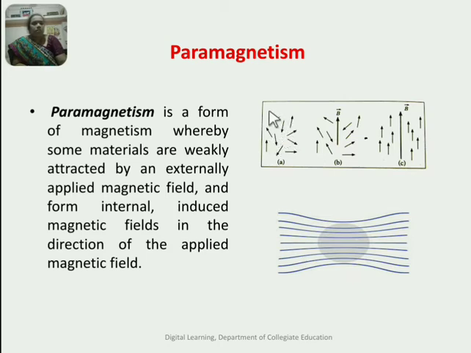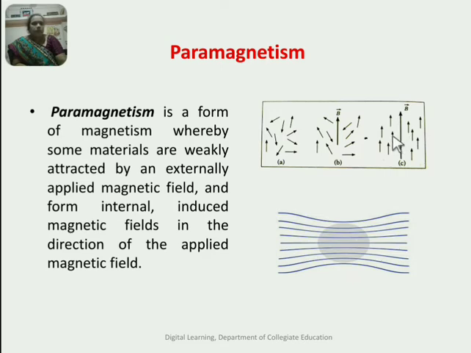But students, there are a few materials in which the dipole moment in one particular direction is stronger than the dipole moment in another direction. Then they possess a very weak dipole moment.